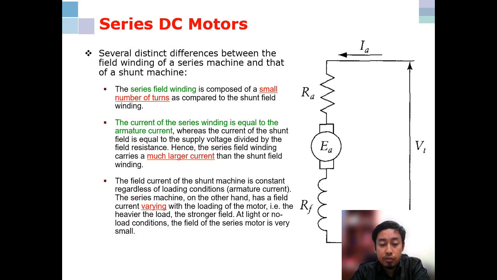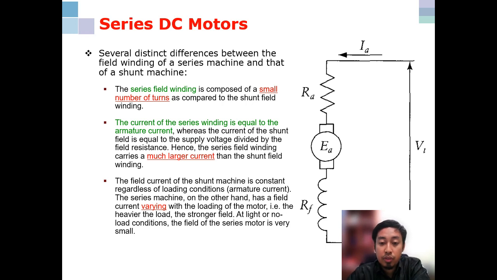If you know the connection or schematic diagram of the series motor, it is very simple. The series winding is composed of a small number of turns compared to the shunt field winding, and the current of the series winding is equal to the armature current.